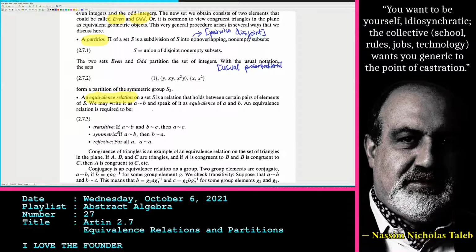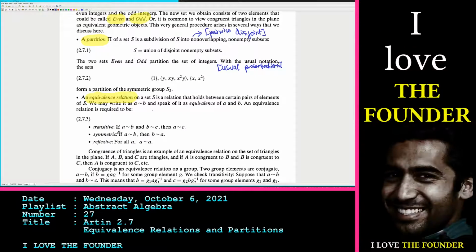What I want you to think about when you have an equivalence relation is to think of the equivalence relation as being given by a group. What this transitivity relation is saying is that if I can go from A to B using an element of the group, so a group, think of it as a group of transformations acting on some other set.